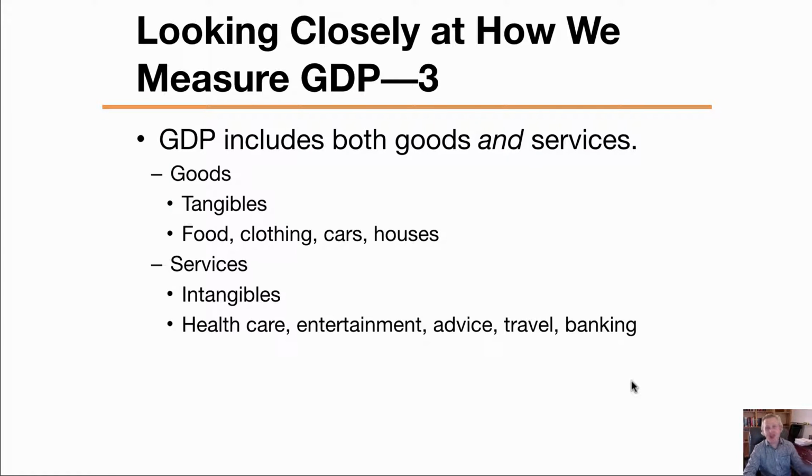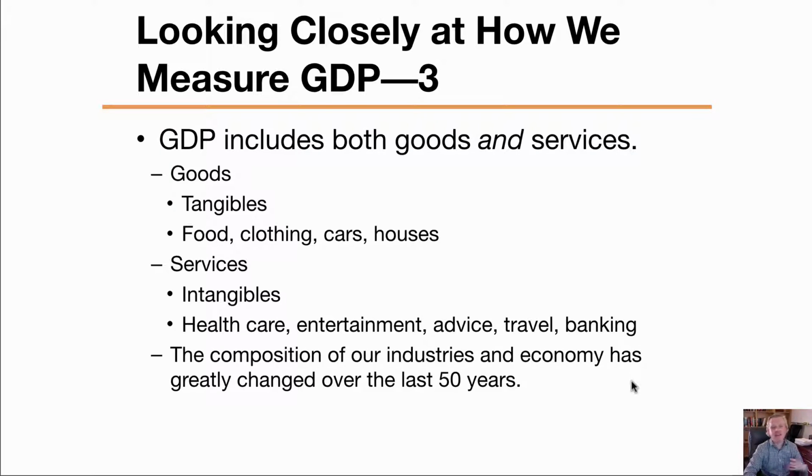What I'm doing right now, as a professor, when I do research, that's all a service for the most part. There may be tangible paper or slides if you print them out, but for the most part, I'm a part of the service economy, and I imagine a whole lot of you will also be a part of the service economy when you get done with your education.